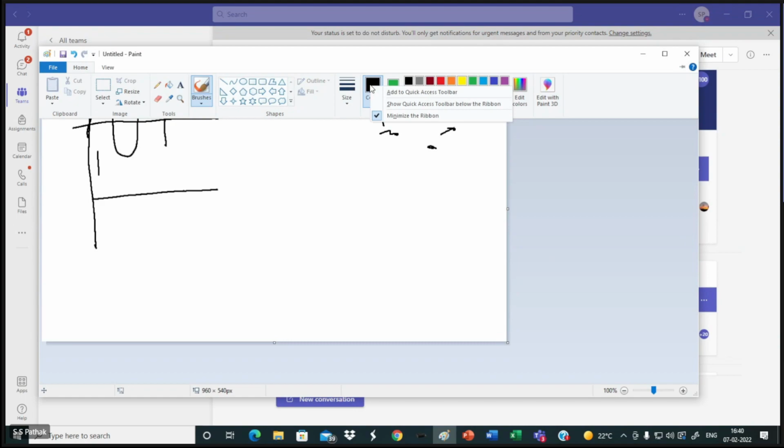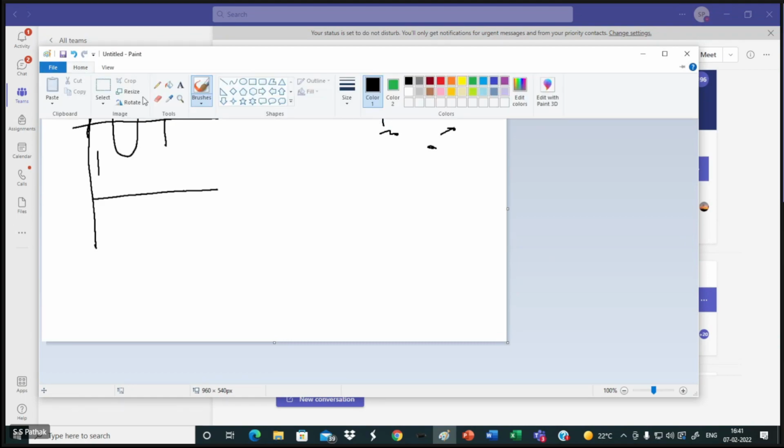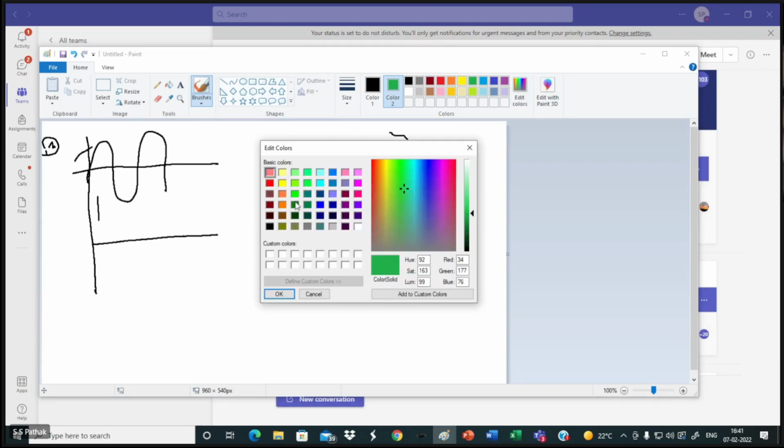Sir, uncheck the minimize button of the ribbon. Now edit color.